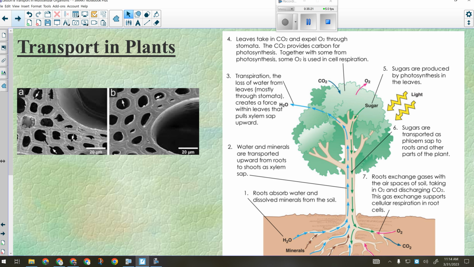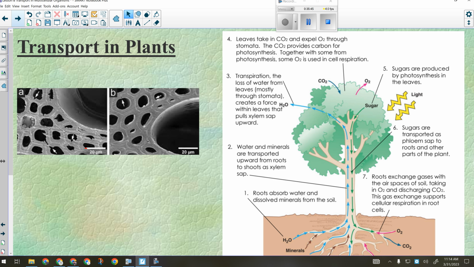That's the water conducting parts of the plant. To give you an idea of size, this little bar here is 20 micrometers. So most of these are 10 or less micrometers in diameter. They have to be, because a plant relies on two things to help it transport water.